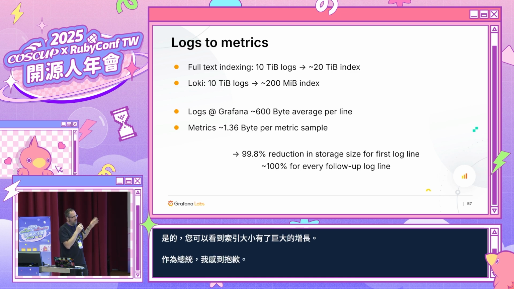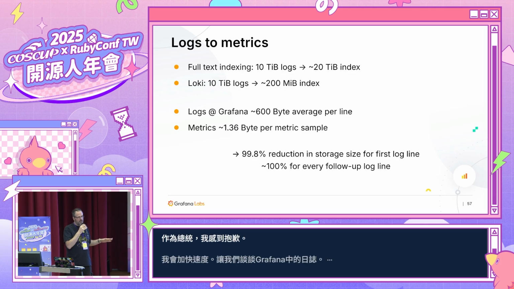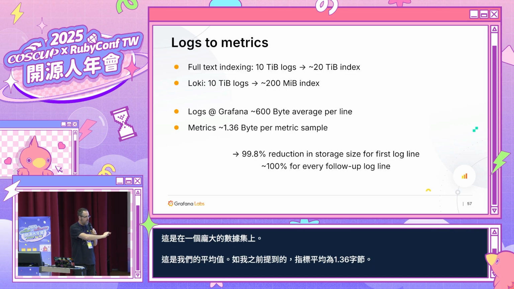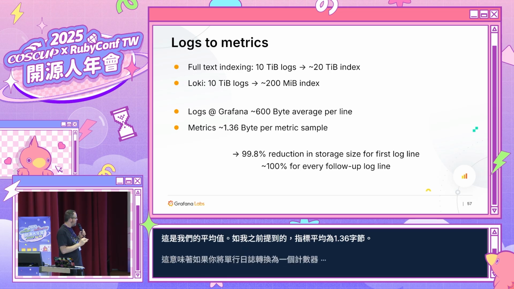So logs at Grafana, roughly on average across all the clusters, we have 600 bytes on average per log line. That's over a huge data set, that is our average. As I mentioned earlier, metrics are 1.36 bytes on average. That means if you turn a single log line into a counter for a metric, on average, you save 99.8% in storage size for the first log line which you transform.